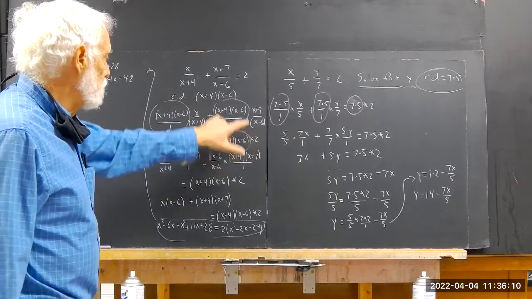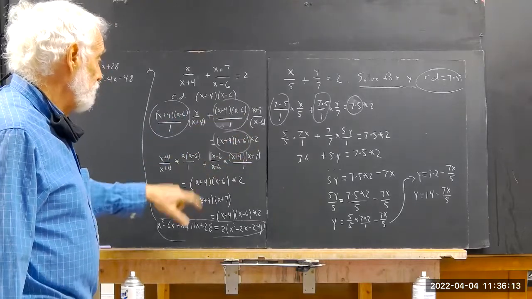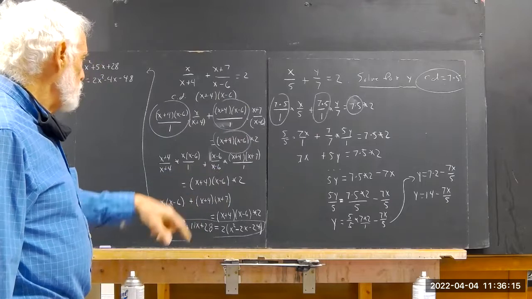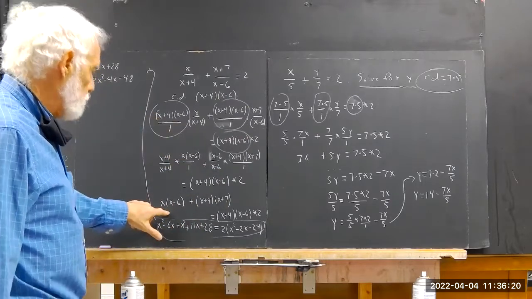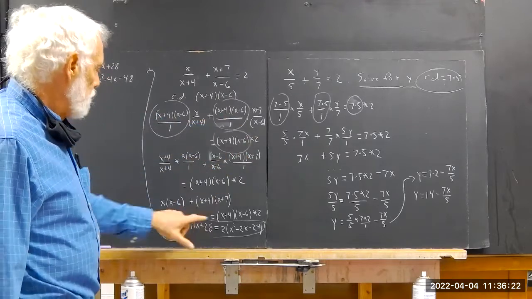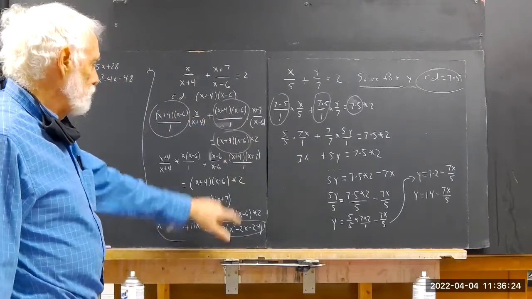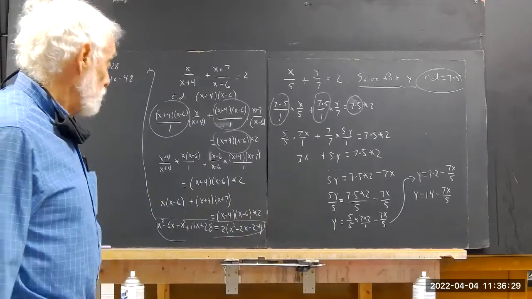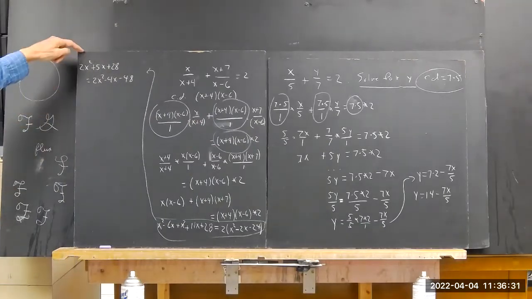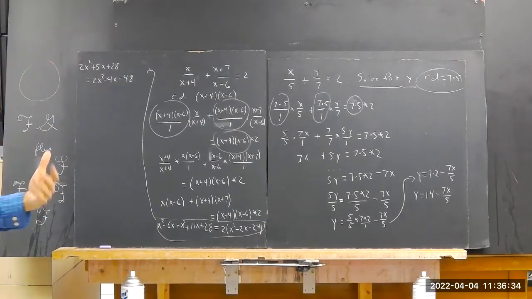The x minus 6s are going to match up and leave you this. And then this just stays the same until we multiply stuff out. At this stage, we're going to multiply everything out, and we get this equation. Now the question is, how do we solve this equation? So if you write down that equation and solve it and see what you get, then we'll see if you're ready to finish it, okay?